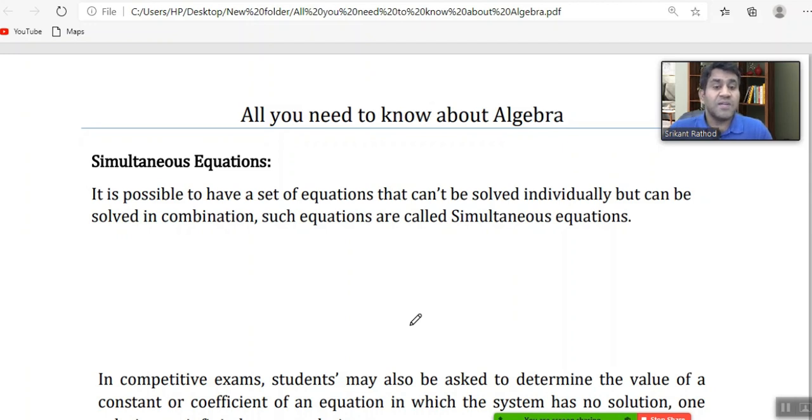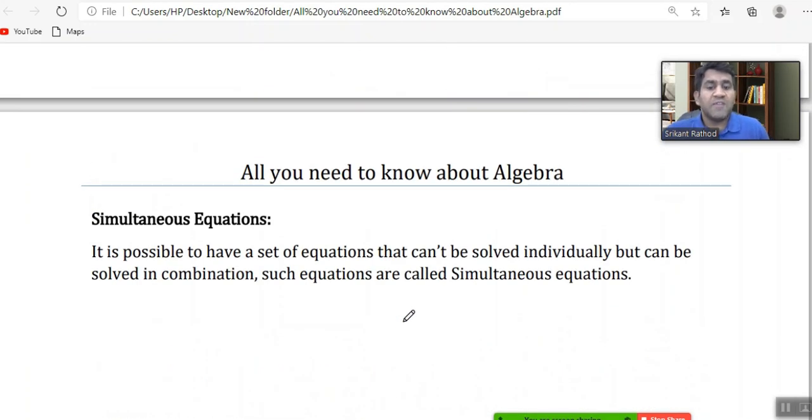The third type is that the simultaneous equations can involve inequalities. The question expects us to solve those simultaneous equations and then find the value of x or y or any unknown mentioned in the question, right? So these are the three varieties of questions you can expect in the SAT based on simultaneous equations. Of course, other exams also involve the same strategies, but I'm just discussing in relation to the SAT.